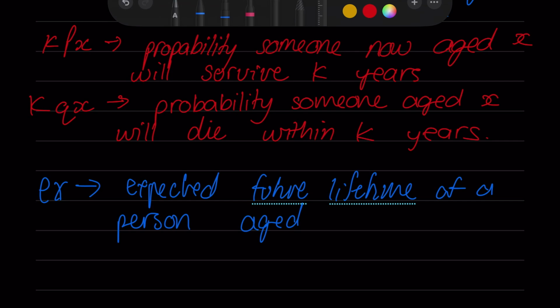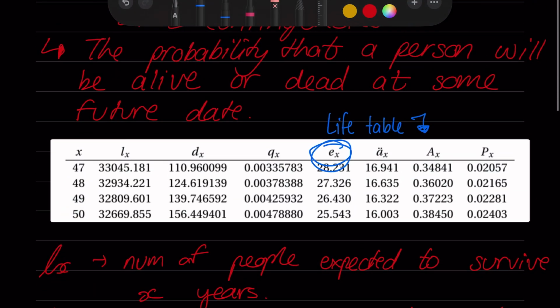So we expect someone who is 47 to survive another 28.231 years.